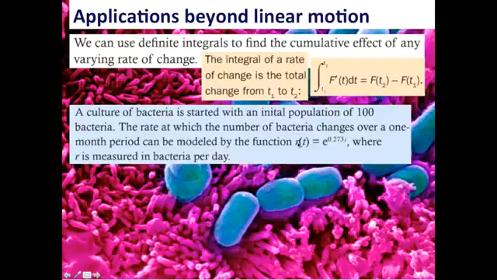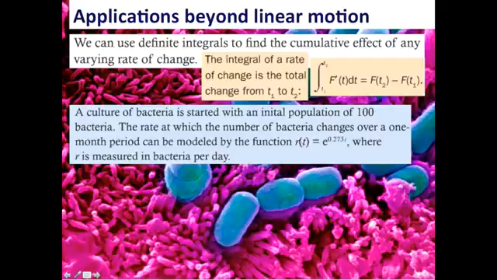So this is the change in the population with respect to time. So that's R, the rate. And we know that is equal to e to the power 0.273t, and that's where R is measured in bacteria per day. So this is the change in the population with respect to time per day.